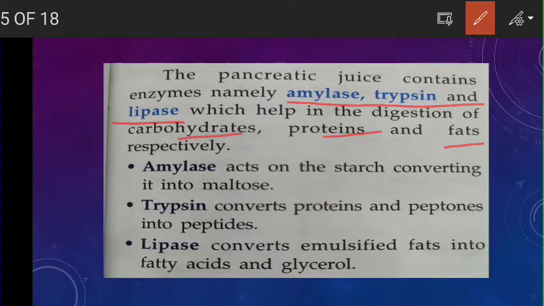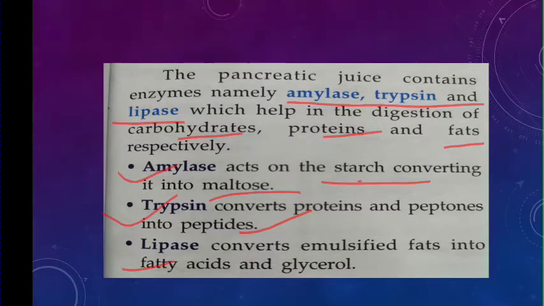Okay, so amylase acts on starch converting it into maltose. Trypsin converts proteins and peptones into what? Peptides. And lipase converts emulsified fats into fatty acids and glycerol. So fatty acids and glycerol, they are the simplest form of what? Fats. Clear? After digestion, fats transform into fatty acids and glycerol.